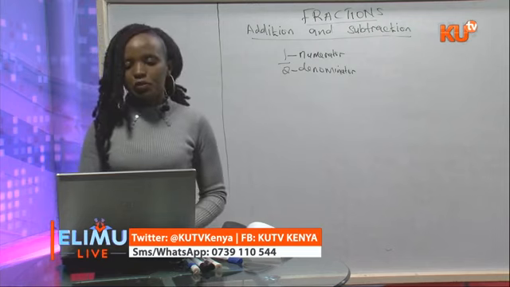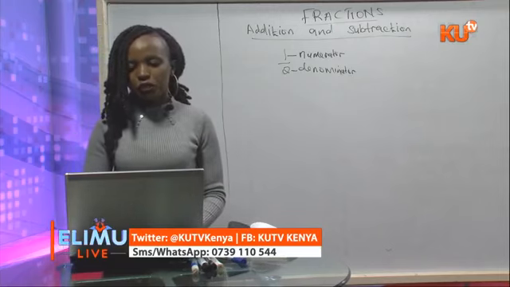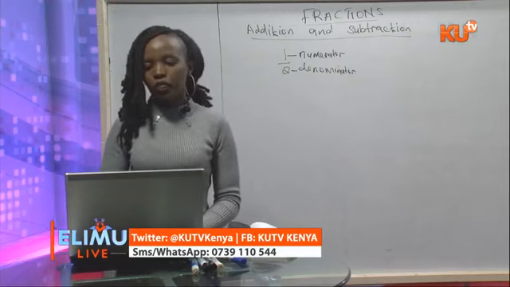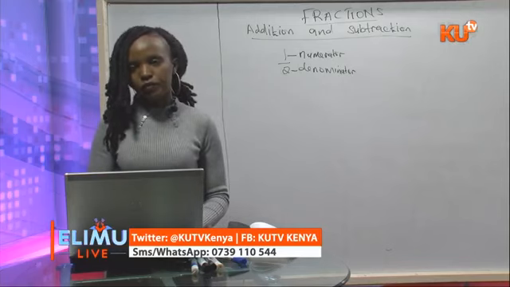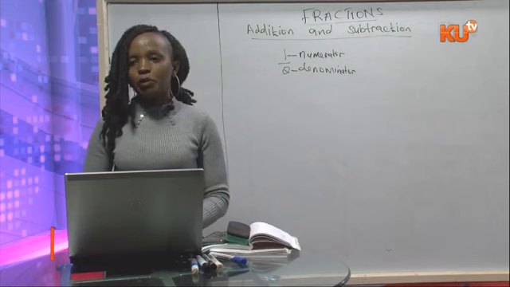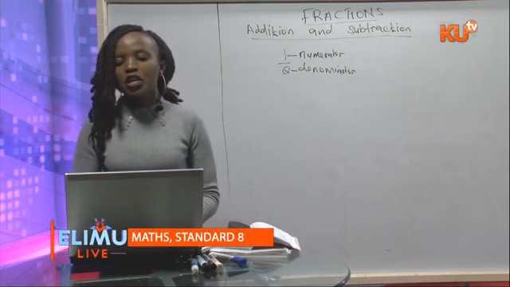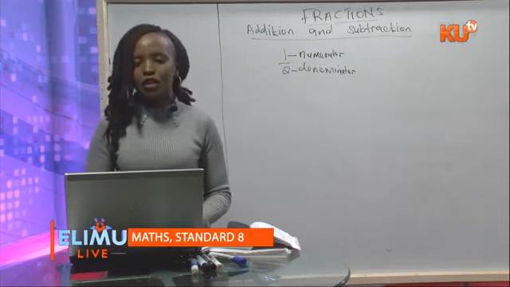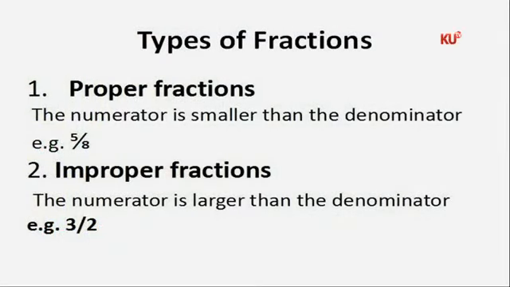So we have different types of fractions. Number 1, we have what we call the proper fractions. So what is a proper fraction? In a proper fraction, the numerator is smaller than the denominator.